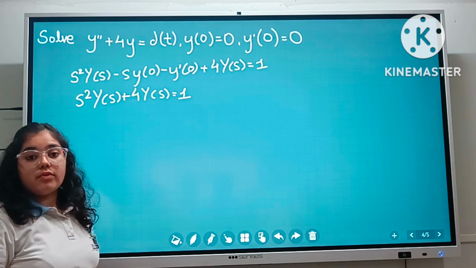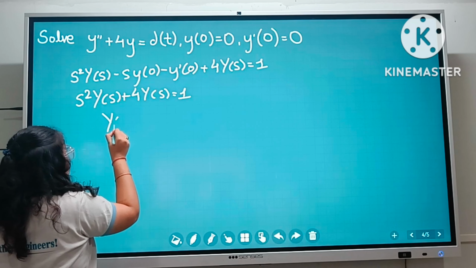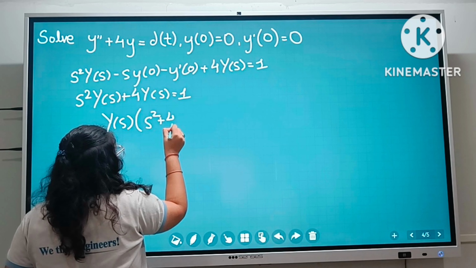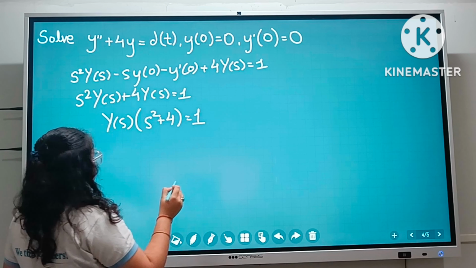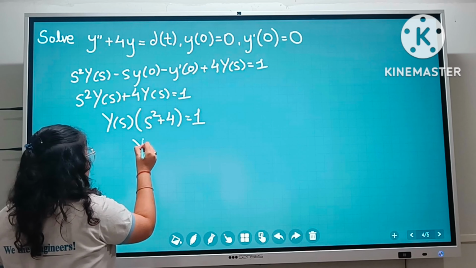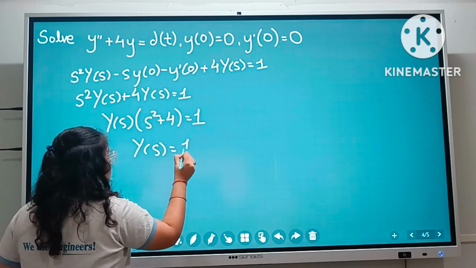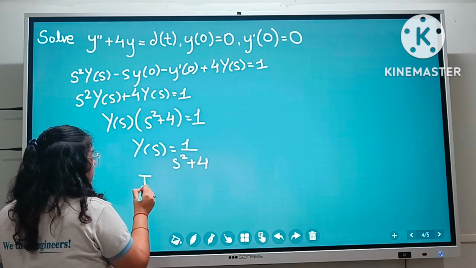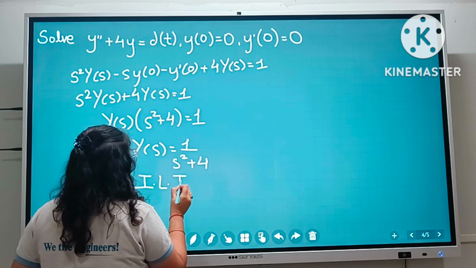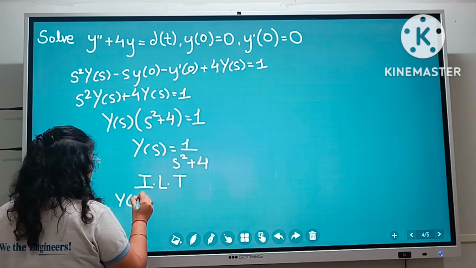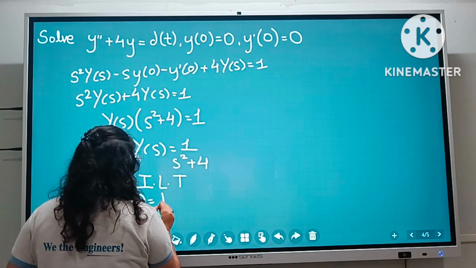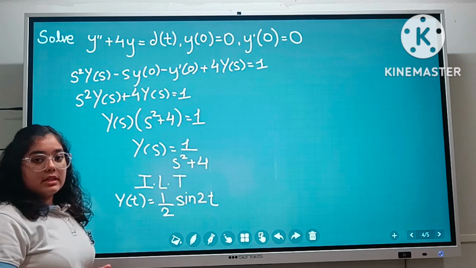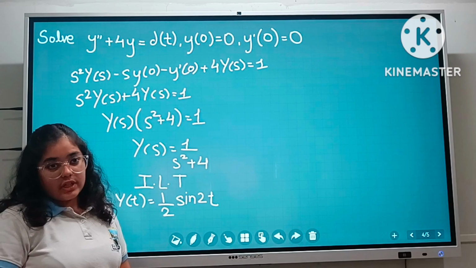Next, taking Y of s common, we can write and by rearranging, (s square plus 4) Y of s equals 1, so Y of s is 1 upon s square plus 4. Taking the inverse Laplace transformation, this Y of s becomes y of t, and this can be written as 1 by 2 sin 2t. This is the required solution for the linear differential equation.